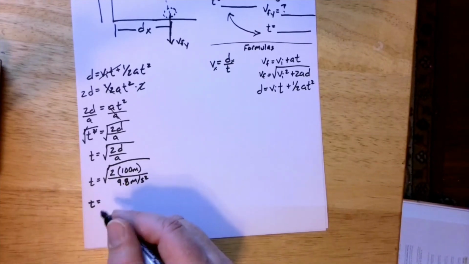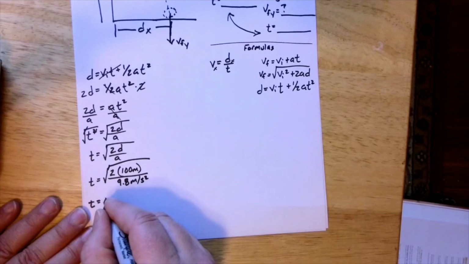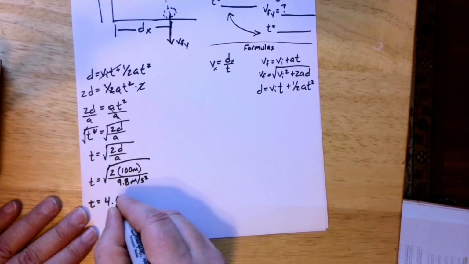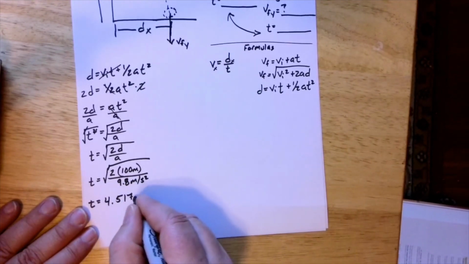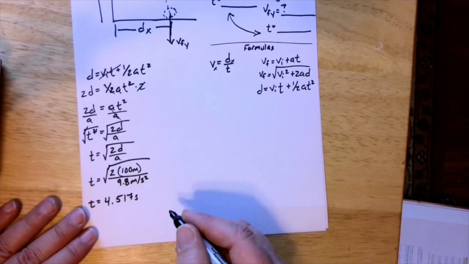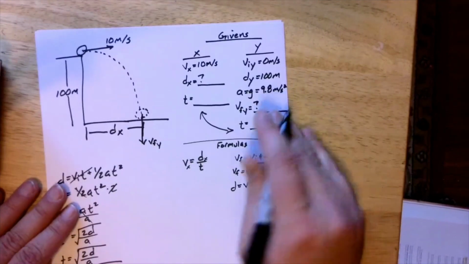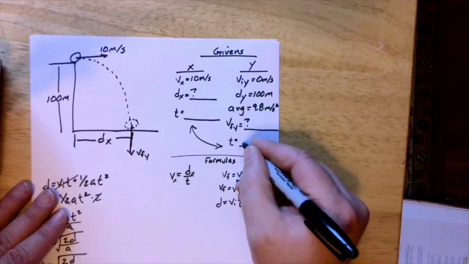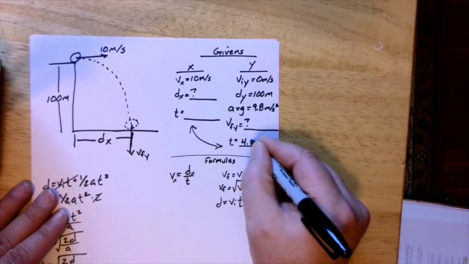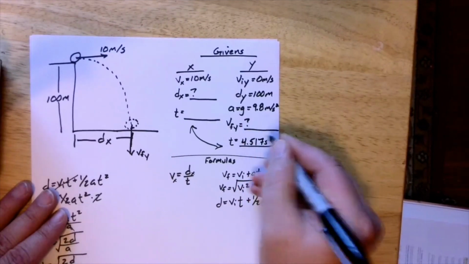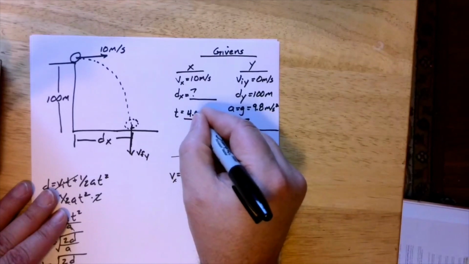If you work this out, you should get an answer of 4.517 seconds or thereabouts. Okay, so one thing I would recommend doing here in the problem is put in your answer, 4.517 seconds, which is also the amount of time for it to move across horizontally.